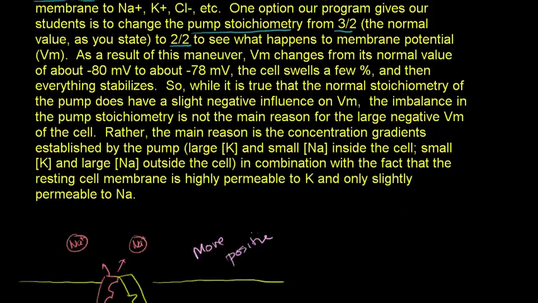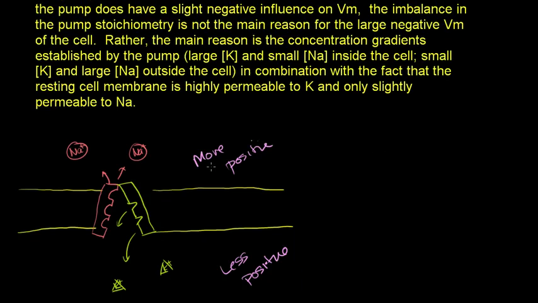So what that means is they have a simulation program that says, well, what if the sodium-potassium pump, instead of pumping 3 sodiums out for every 2 potassium it pumps in, what if it was even? What if it was 2 sodiums and 2 potassiums? Based on my explanation of why we have this potential difference, that should not lead to a potential difference if the main reason was the stoichiometry, the ratio of sodium being pumped out to potassium being pumped in.